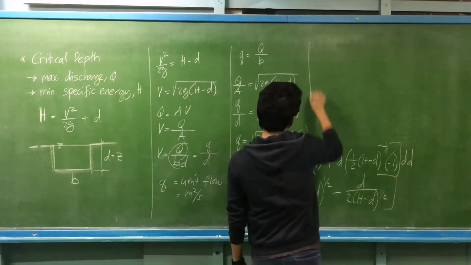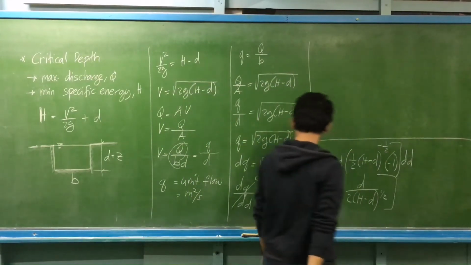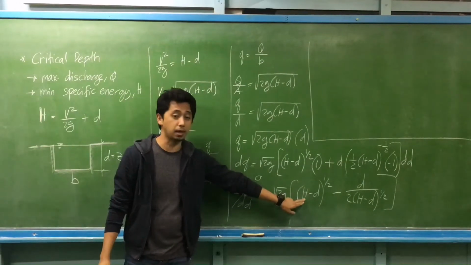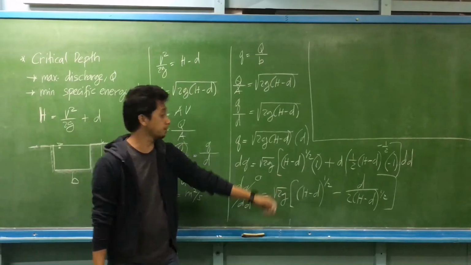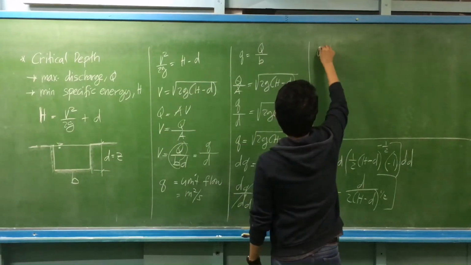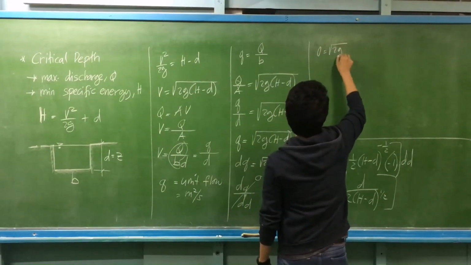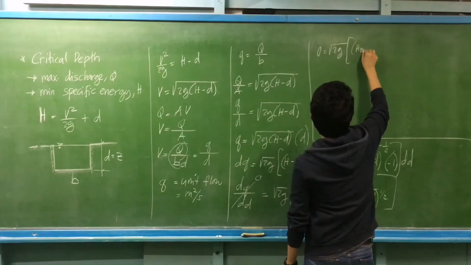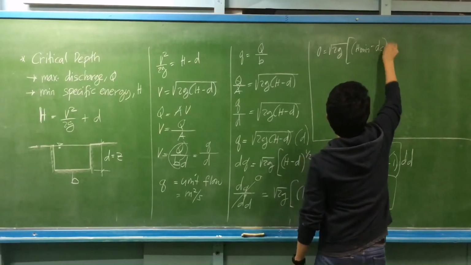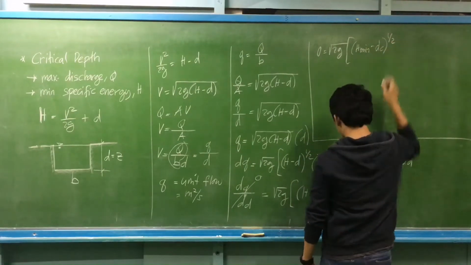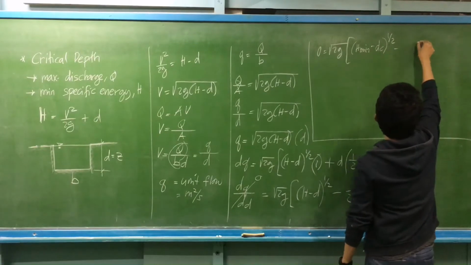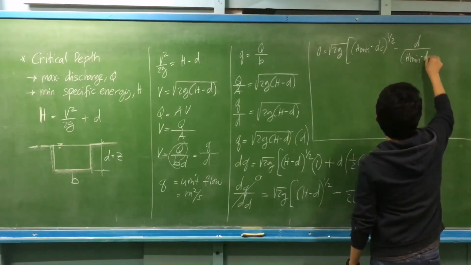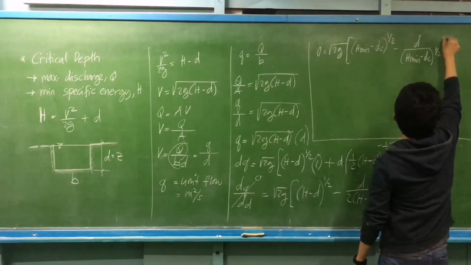Maximizing unit flow will give us a minimum specific energy and a critical depth. So that will be 0 equal to the square root of 2g, this will be the same as H minimum minus the critical depth raised to 1/2, minus d divided by twice H minimum minus critical depth raised to 1/2.